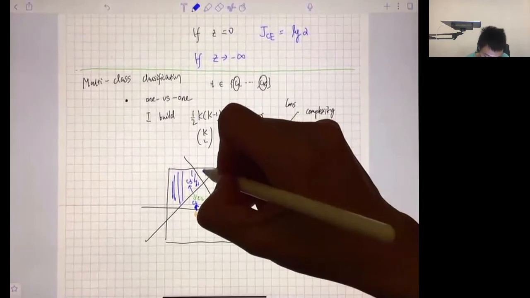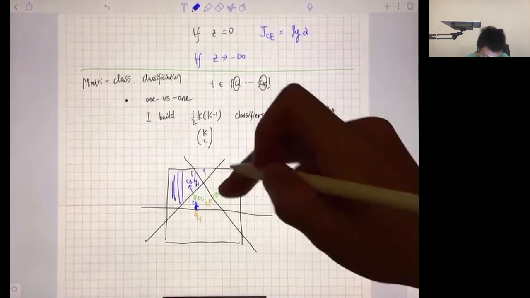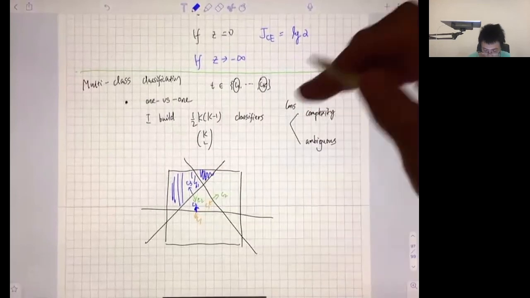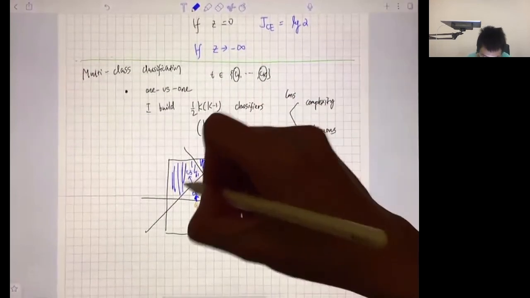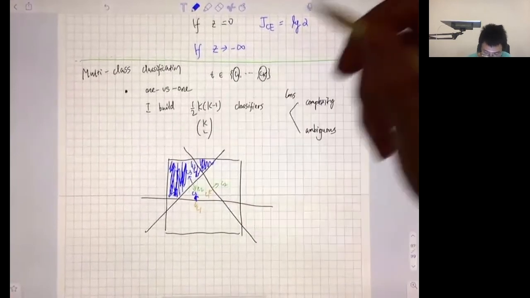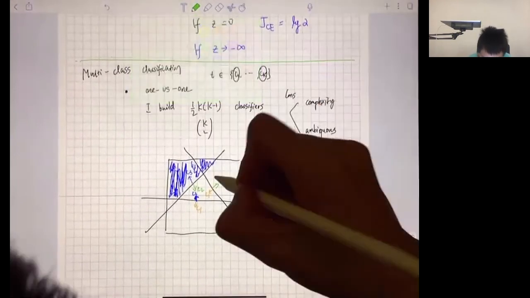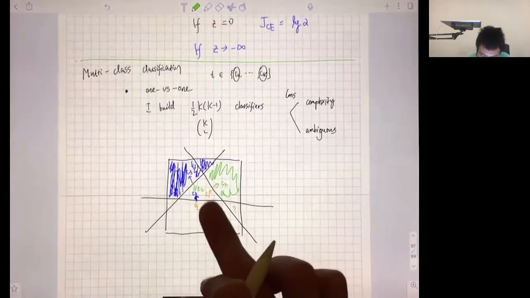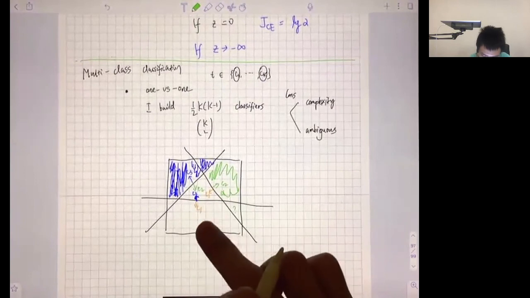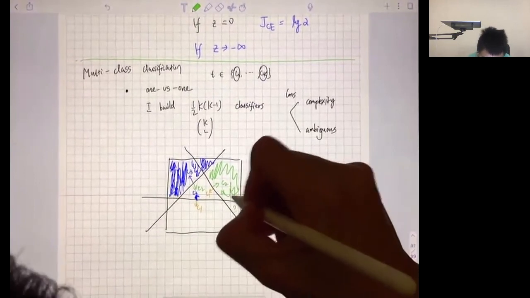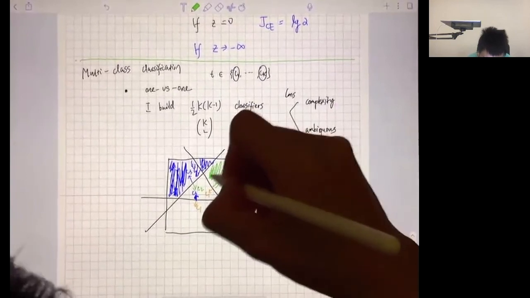So you have 2 votes for C3, but 1 vote for C2 and no vote from C1. So this is C3, right? So this part is C3. And likewise, this part is C2. But where is here? You have 2 votes for C2 and 1 vote for C1, but no votes for C3. So this is C2. Okay, C2 is this part.